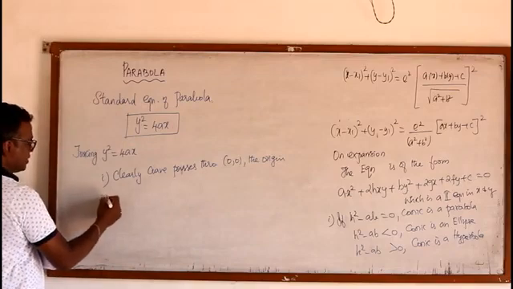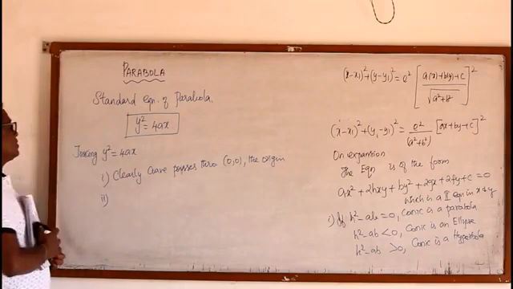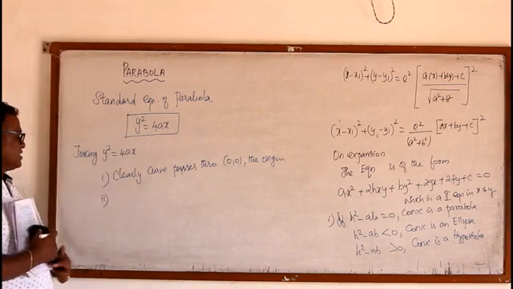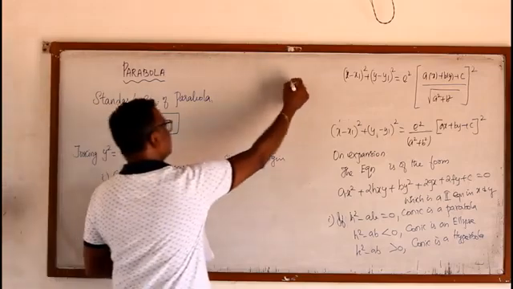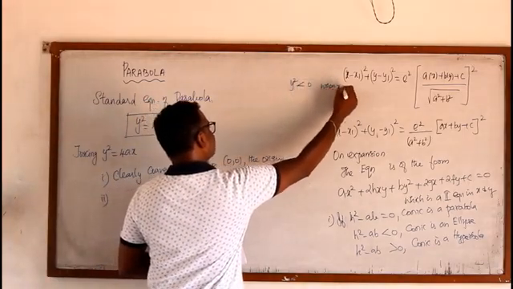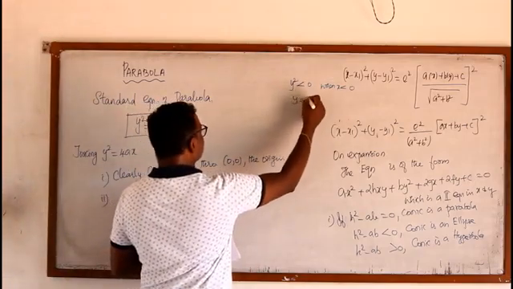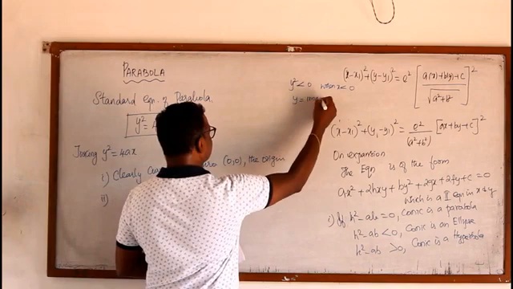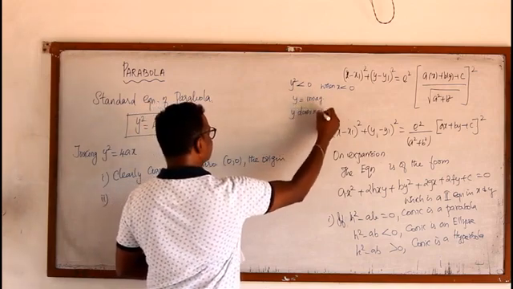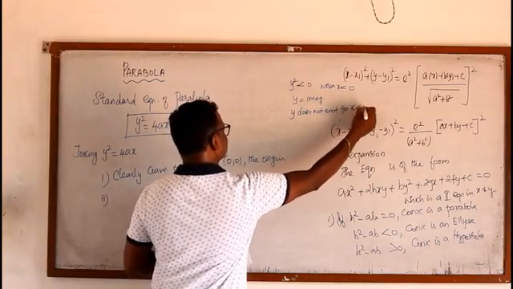Second one. When x is less than 0, y square is less than 0. That means y is imaginary, isn't it? That means y does not exist for x less than 0.